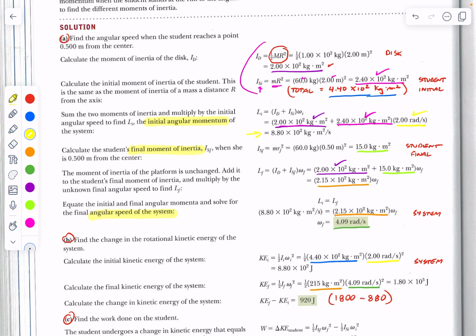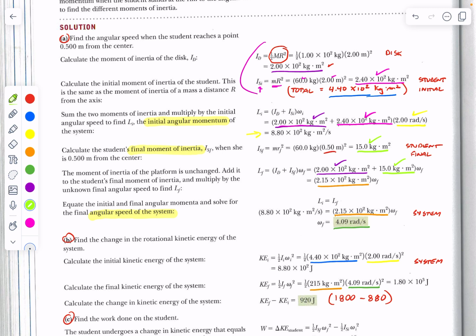Now to find the final moment of inertia, when the student has moved from being 2 meters from the axis of rotation, and now the student is only 0.5 meters from the axis of rotation, we can find their rotational inertia by taking their mass times their distance, which is only 0.5 meter from the center, and square it, and you get the student's new rotational inertia. And you're going to need that value again right there.